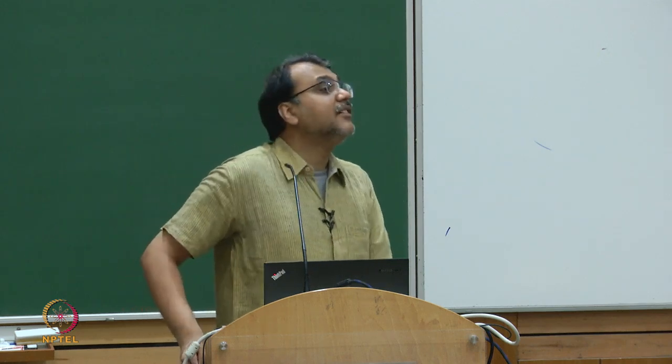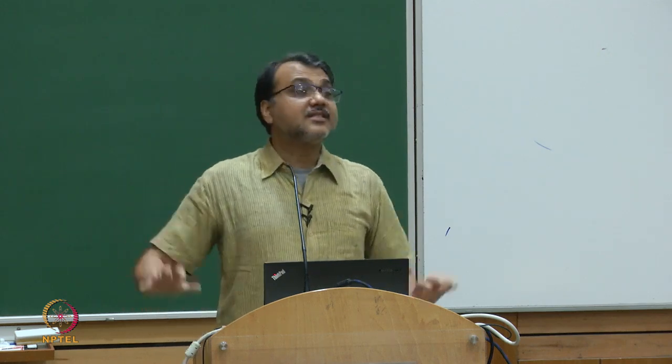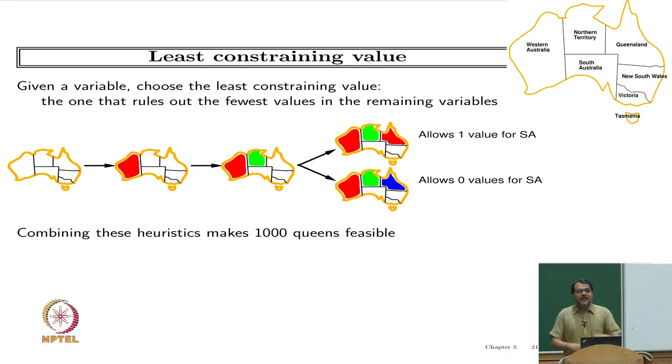So, the heuristic that comes out is called the least constraining value. The value which constrains the other variables the least. You have some variables that have been assigned, let us get away from them. You have some variables that are unassigned. For all those variables, I have picked one variable. I want to assign this, I have different values. Now, as soon as I assign a value, other variables may find some reduction in their value space.